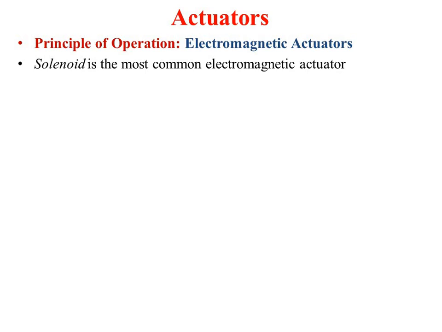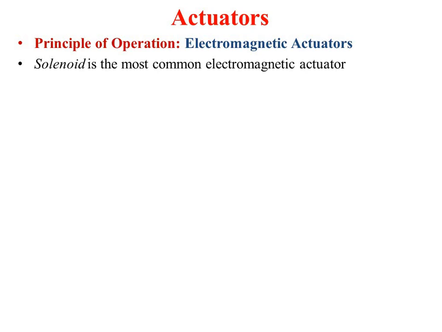So the same principle is used for converting into the linear motion. So the solenoid is the most commonly used electromagnetic actuator, which will be used to drive the various actuators which will be connected to the solenoid. So we will see the example.